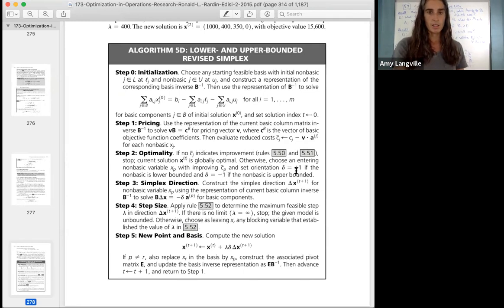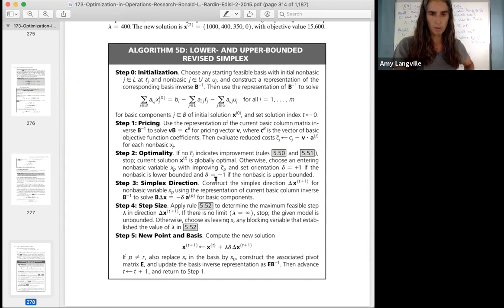And we have this new little indicator, delta, which is saying if you were at an upper bound, you need to go away from that to maintain feasibility. So you need to set your delta to -1 if you're upper bounded. If that non-basic variable was at its lower bound, then it has to go away from that, which would be in the positive direction. So delta would be +1.